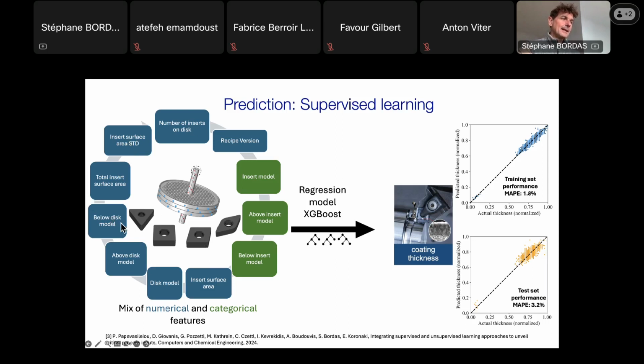What is the model of what is below the disk and above the disk? What type of model is that? What is the disk model? That's a number. What is the insert surface area? What is the surface area of that guy here, for example? And then, okay, recipe version, meaning what do you put in the chemical reactor? What's the soup that you have?